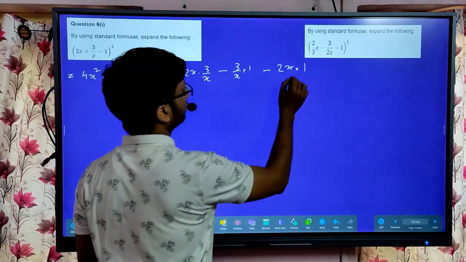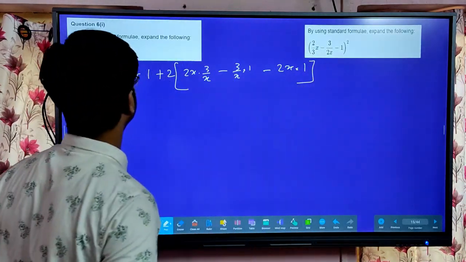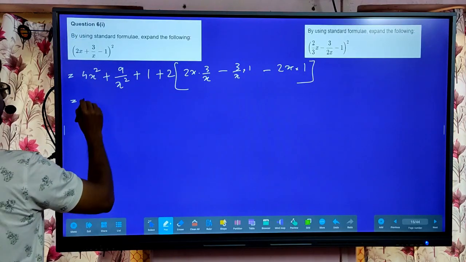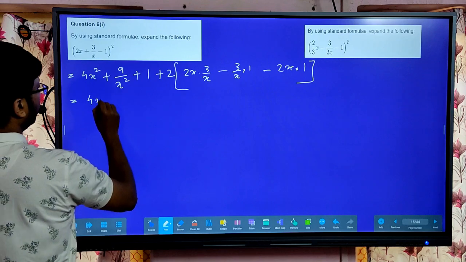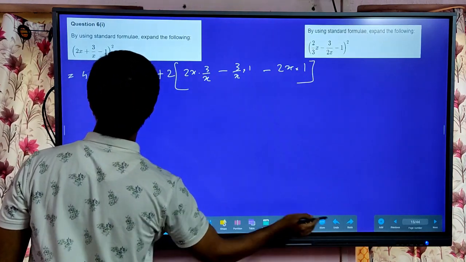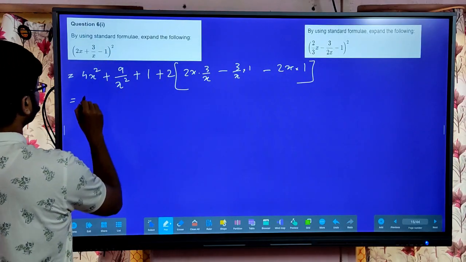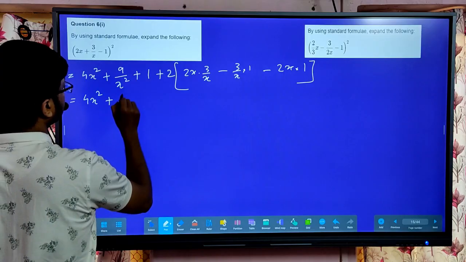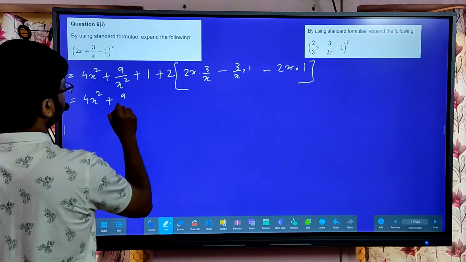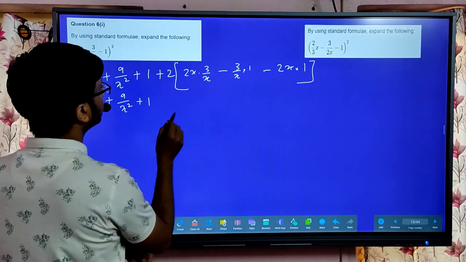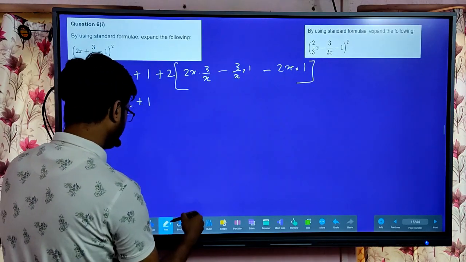So let me close the bracket. So how much will it be? It will be 4x square plus 9 by x square plus 1.